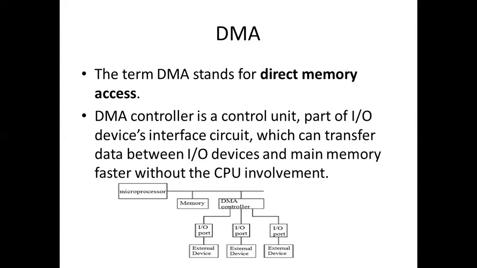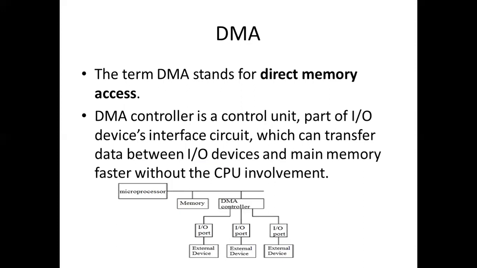But when it comes to direct memory access, it is a control unit. It's also part of the input and output interface. I'll repeat, it's part of the input and output interface.